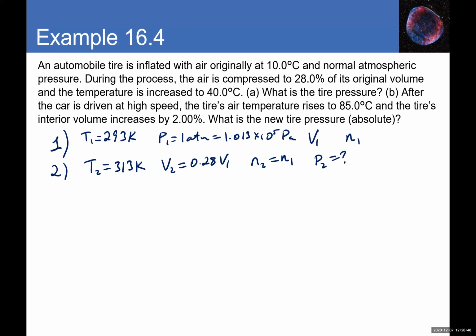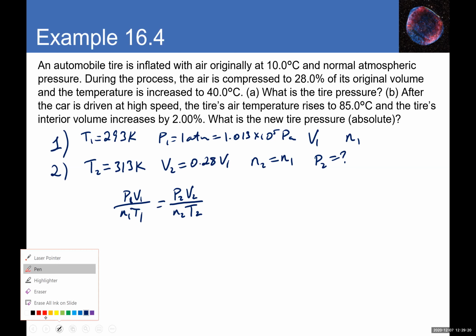That means I'm shrinking the volume and increasing the temperature, and I want to know what the pressure is. Remember that equation: technically I can say P1 V1 over N1 T1, that ratio, because I go from one state to another and R is a constant for both of them, so I can relate R to both states. Then P2 V2 over N2 times T2.